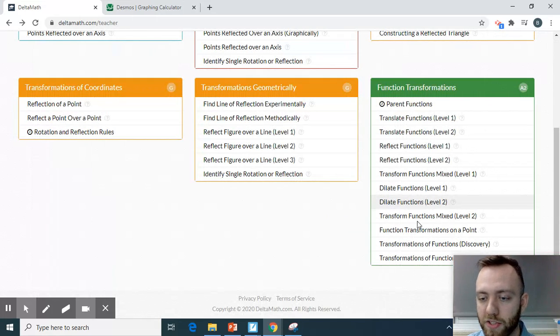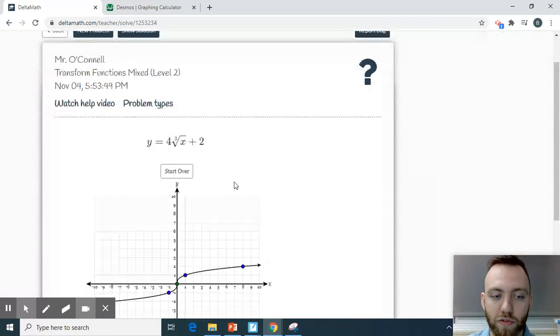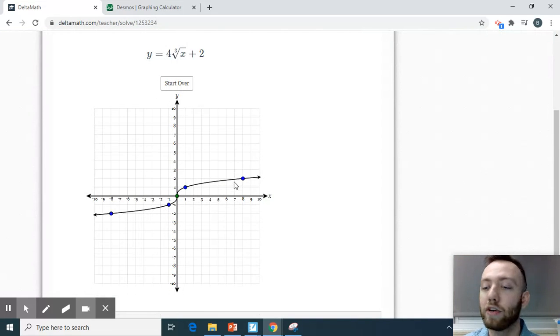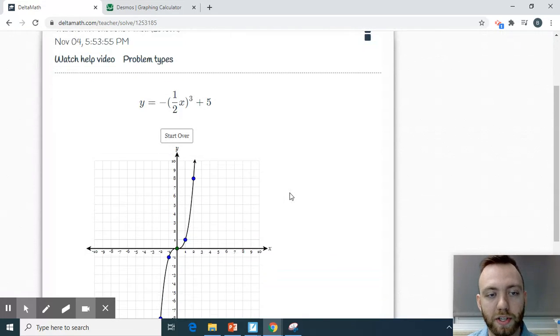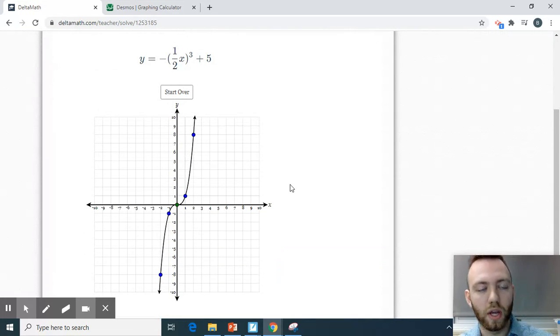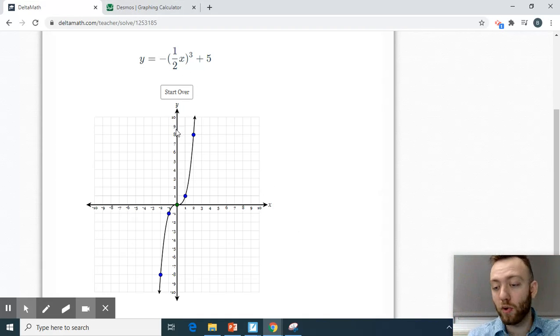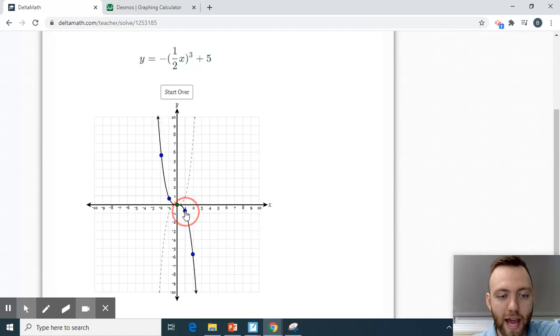All right, and then let's just get a few of these. This is with everything mixed together. Let's get maybe a crazier one. Here's a good one. So we have a lot of stuff going on here, right? When we have all this stuff going on, this is combining everything we know. It's about just taking everything into account. Remember, negative on the outside meant reflect over the x-axis, right? It said take whatever value you get and make it negative.